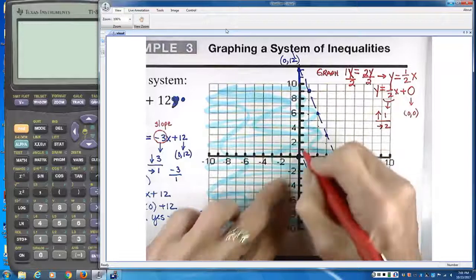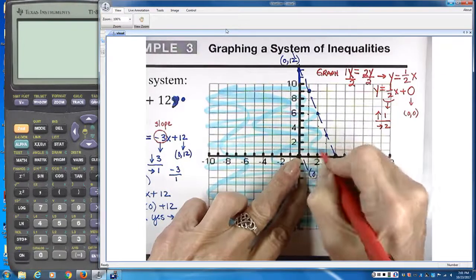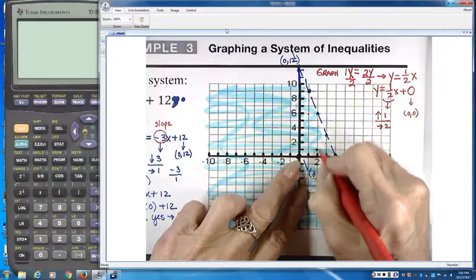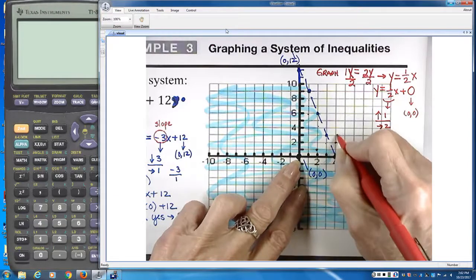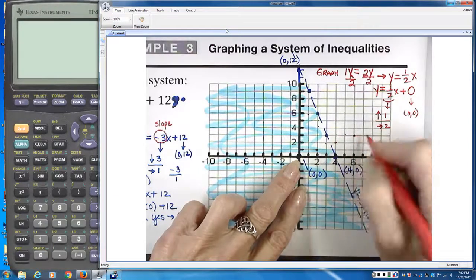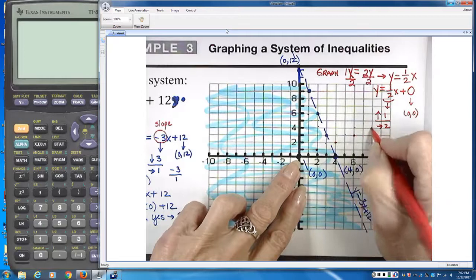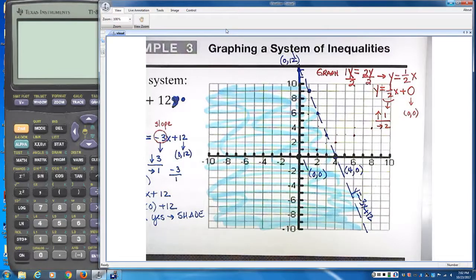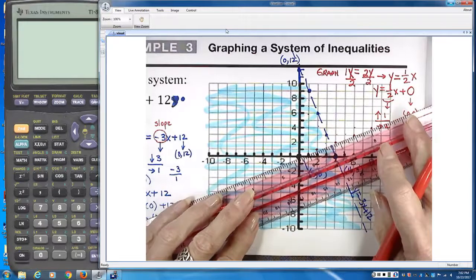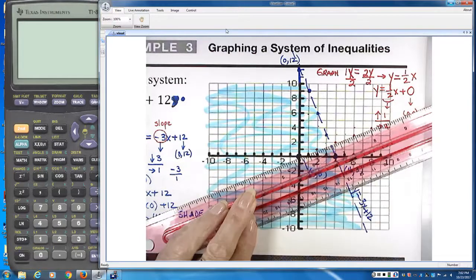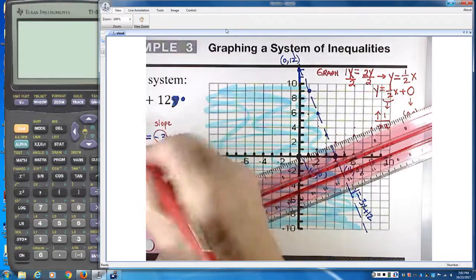So from there I'll go up 1 and right 2, and up 1 and right 2, and up 1 and right 2. And I've got more than enough points now to know where I need to draw my line. And again, my line needs to be dashed because it's less than.